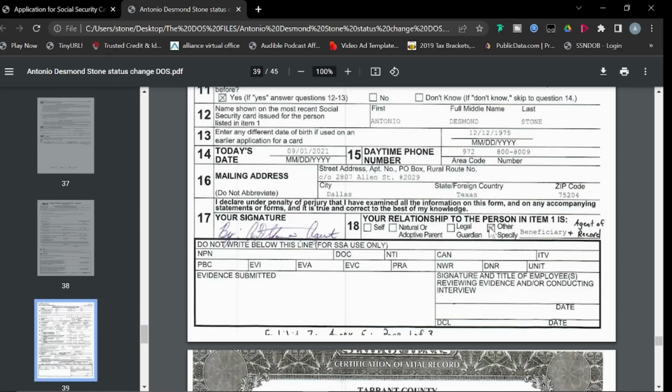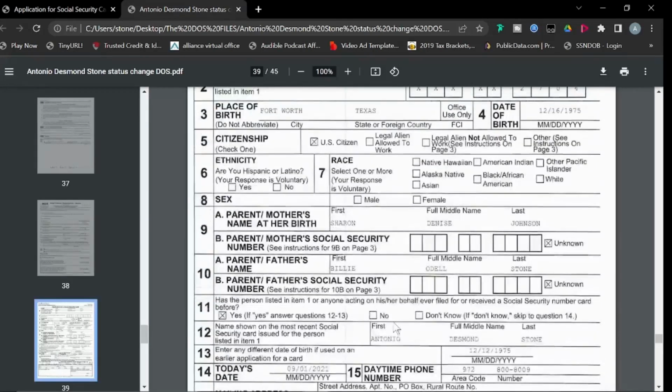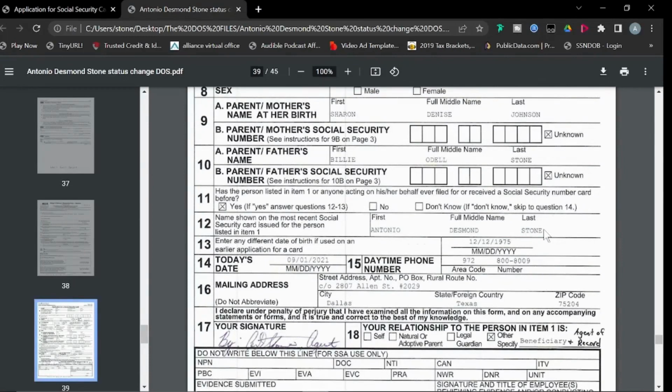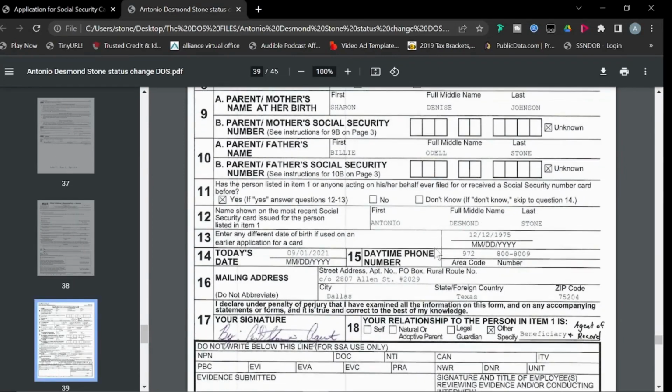You see I have other here: beneficiary and agent of record. That's who you are. You're the person signing on behalf of the all caps.